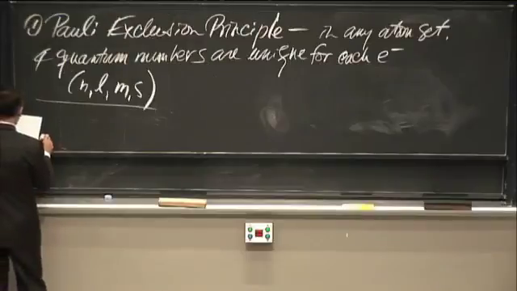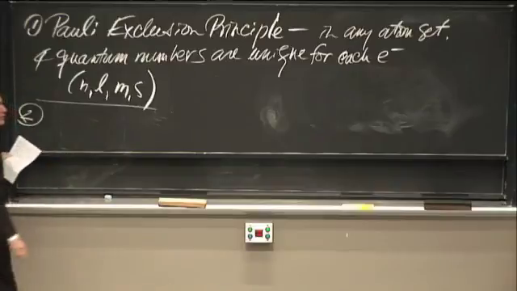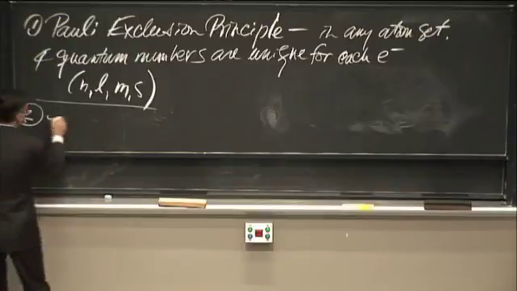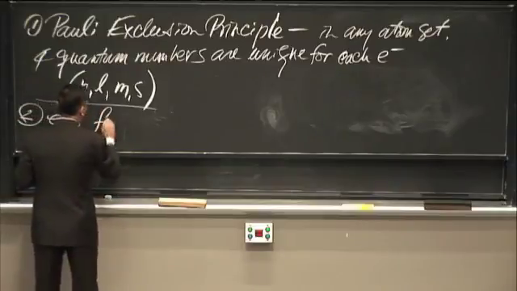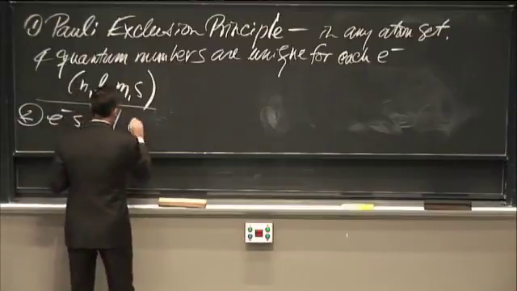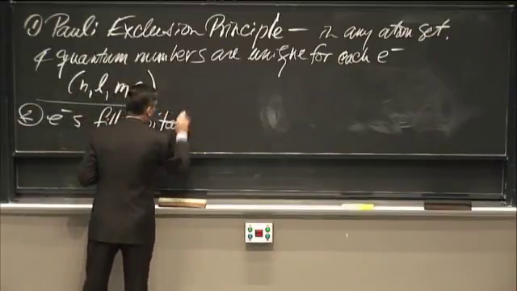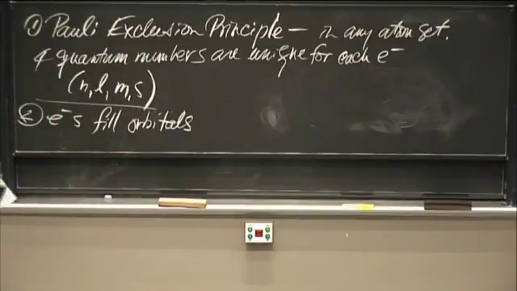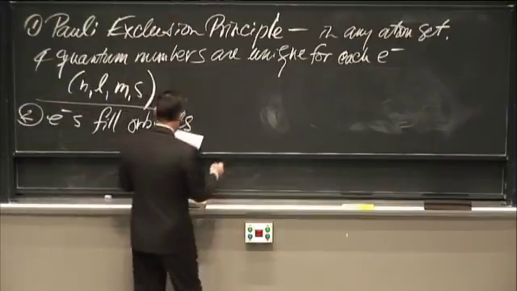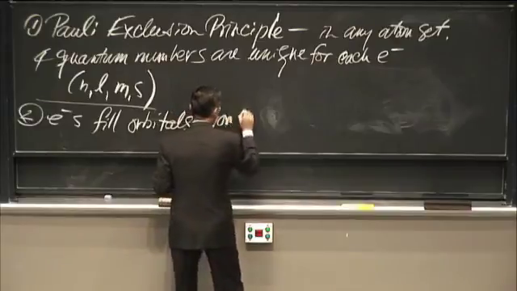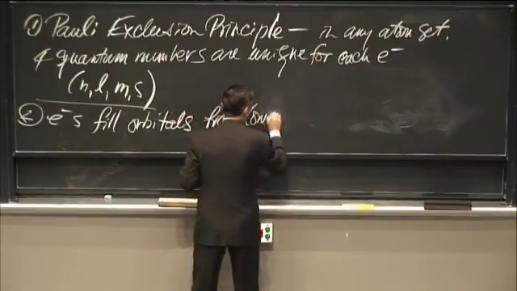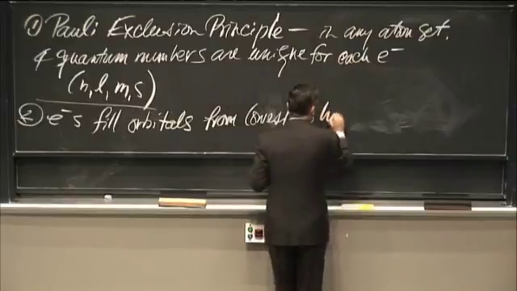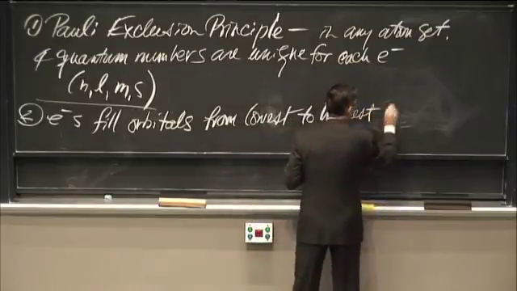The second part is that the electrons fill from lowest to highest energy. So electrons fill orbitals. You can think of the orbitals as placeholders. They're really energy concepts, but we populate orbitals from lowest to highest energy.